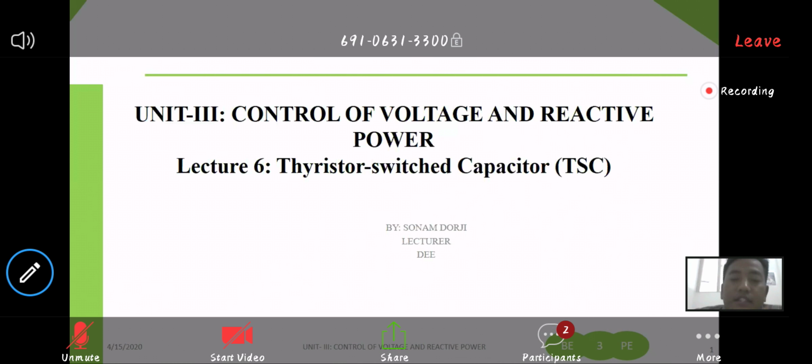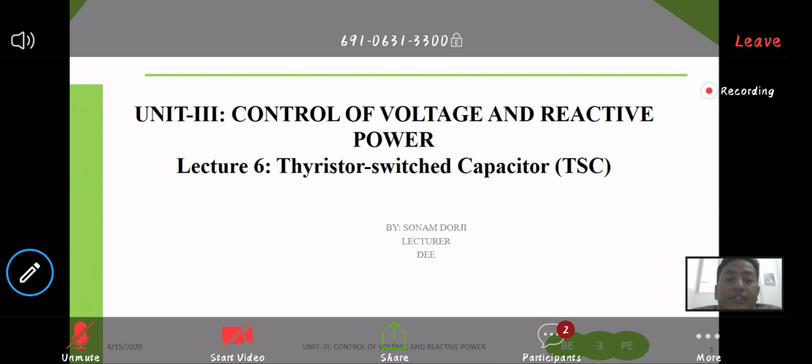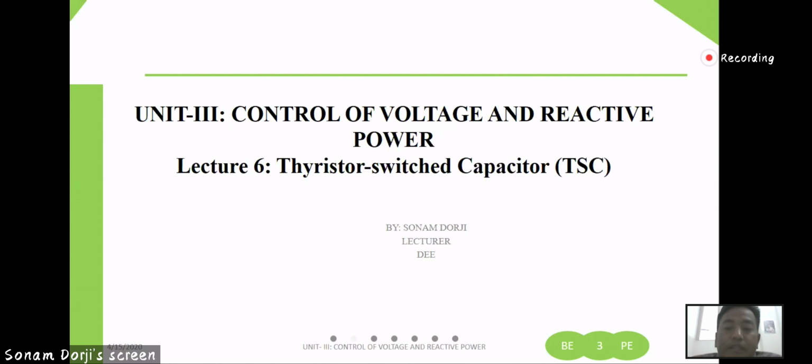Okay, so last class we studied the thyristor controlled reactor, TCR, and how it controls the voltage and the reactive power.